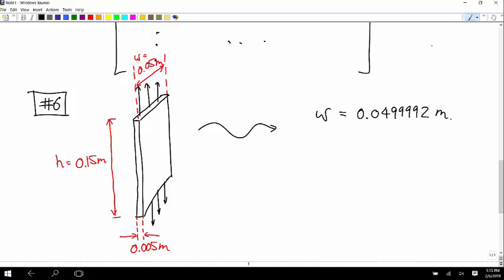And the new length is a little bit bigger, so that's 0.15, and then 3 zeros and an 8. Let's see. Do we want to calculate Young's modulus and Poisson's ratio?